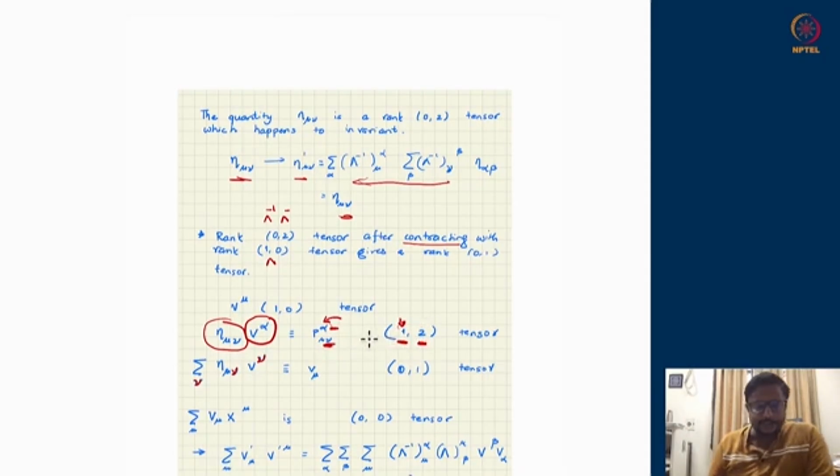However, there is a special case in which I do not just put eta mu nu and v alpha side by side. I take this alpha, set it to the value nu and then sum over it. This operation is called contraction. Previously I had alpha taking any value, nu could have taken any value, mu could have taken any value.